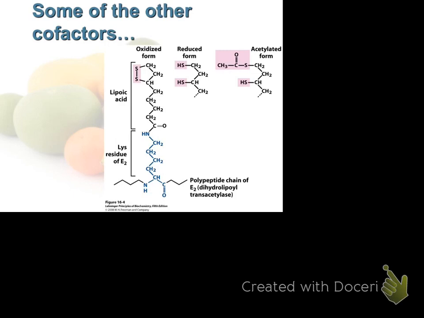This right here is your lipoic acid, lipoate. Okay, and once again, it does do redox reactions. However, it does it via acetyl transfers again. And so what happens with it is it's covalently attached.